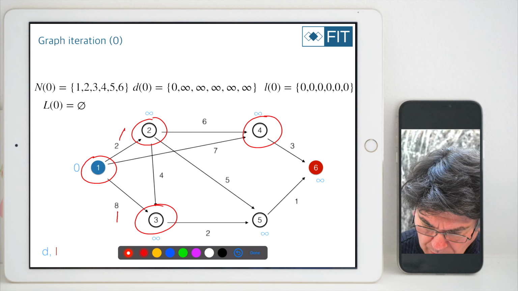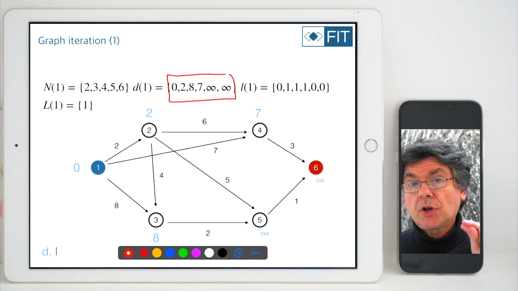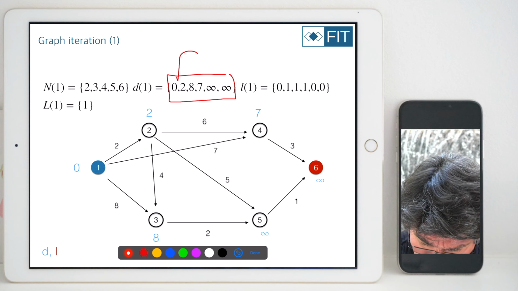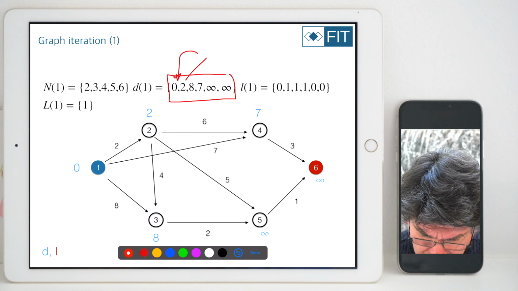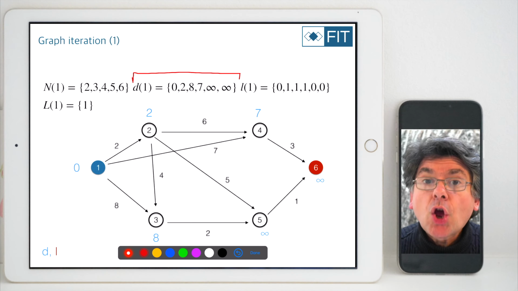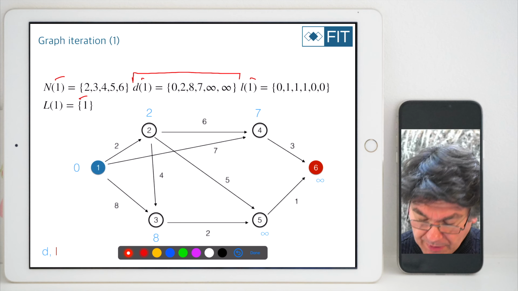And for node 4, the distance is 7. So we'll record that in our next iteration. Here it is. These are the temporary optimal recorded distances from Toronto. Again, Toronto is 0. Node 2 was 2. Node 3 was 8. And node 4 was 7. All others are infinity. We record that in our vector D1, because now we're doing the first iteration of our recursive method.